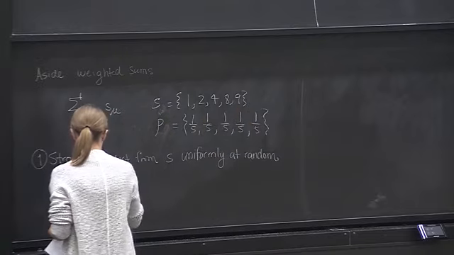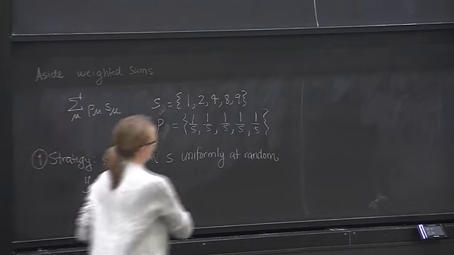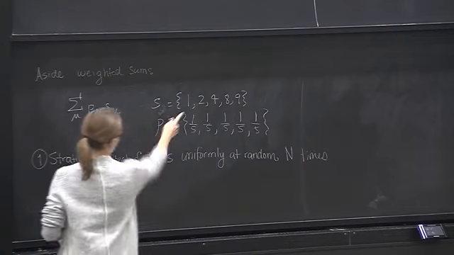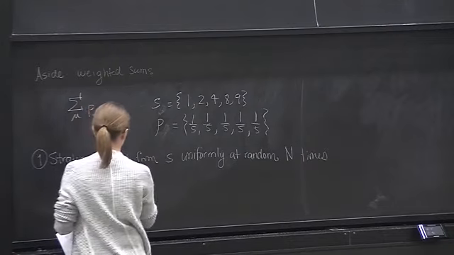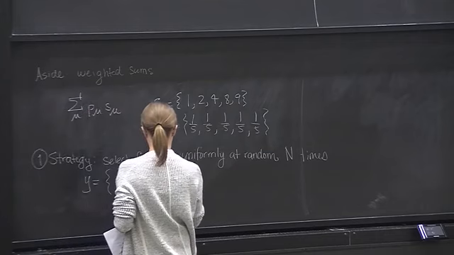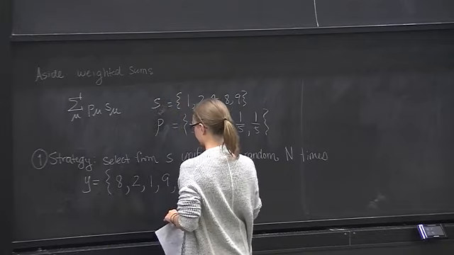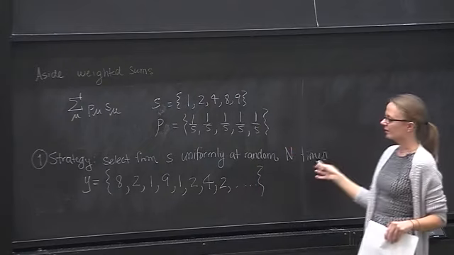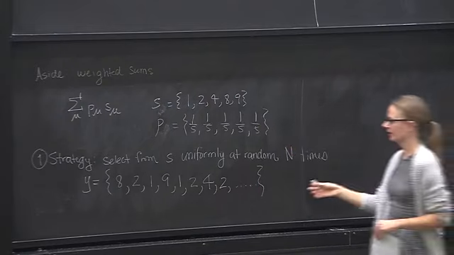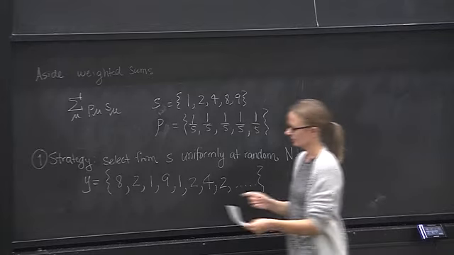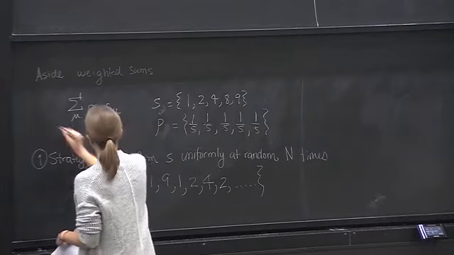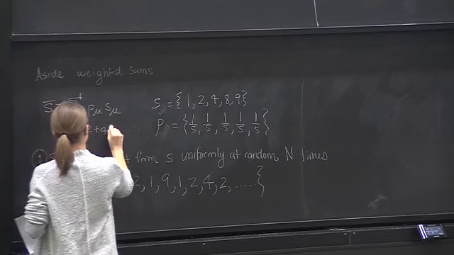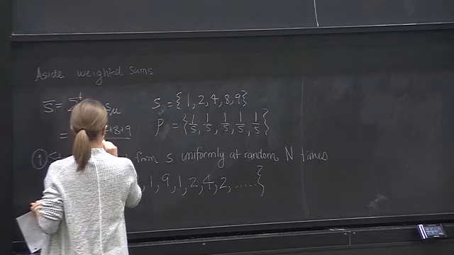This would give me, I'm just going to call it Y, and I'm going to do this n times. Maybe the first time I select randomly from that set, I get 8, and then 2, 1, 9. I'm going to get some random chain of numbers. But I expect that as n goes to infinity, this is S bar, which in this case is just 1 plus 2 plus 4 plus 9.